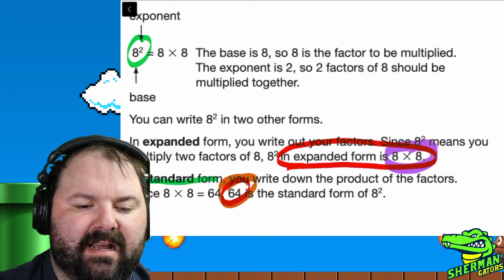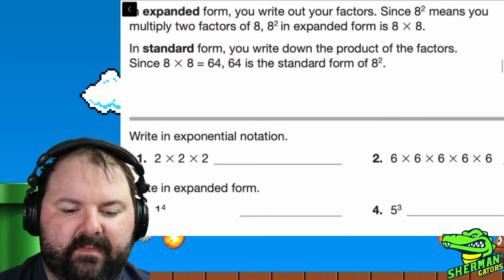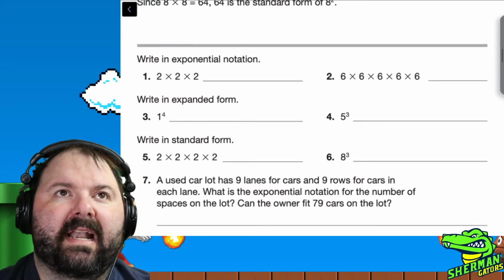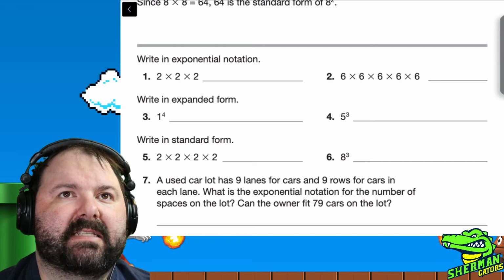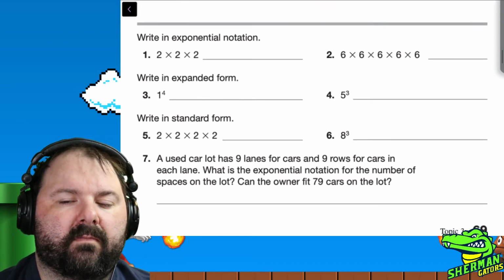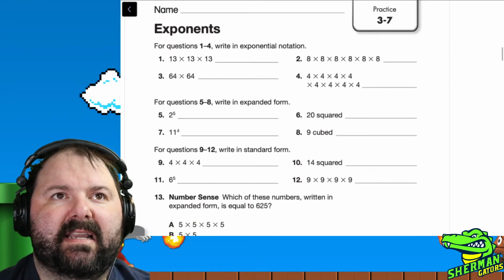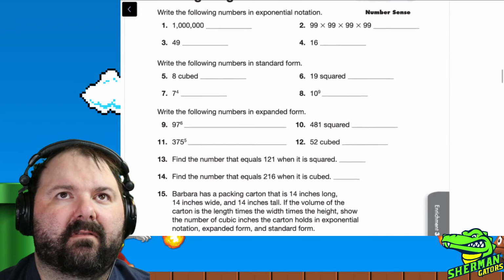So make sure you are not getting those confused on what you are supposed to do. So your practice on number 1, write it in exponential notation. Number 2, expanded. Number 3, standard. And number 7, you have a word problem. Now, as we keep going, it's just going to be more practice of this today all the way down.